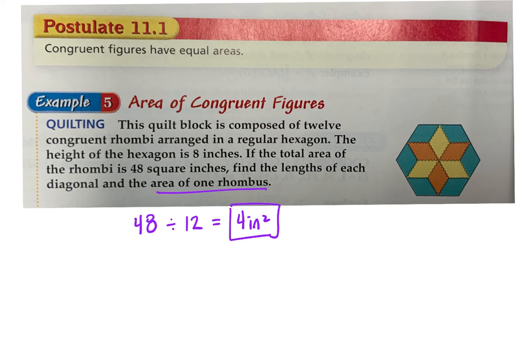They also told me the total height of this is 8 inches. All right, so if these are congruent rhombi here, then what's the length of each of those diagonals? The total's 8. Yeah, it's going to be 4, right? Does that make sense?